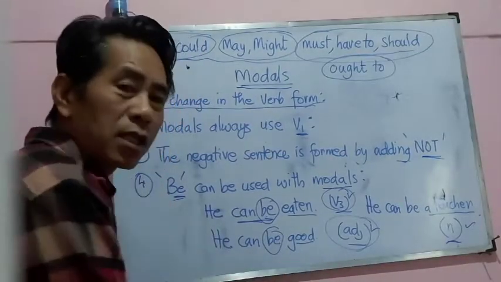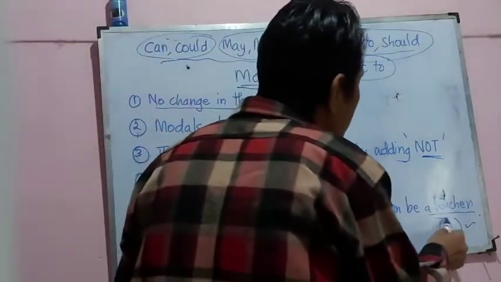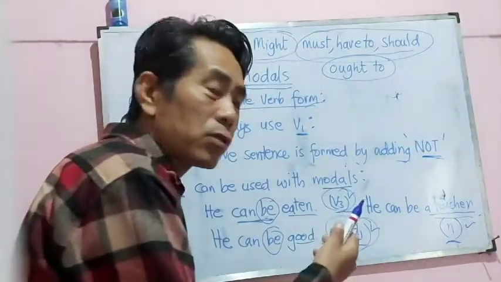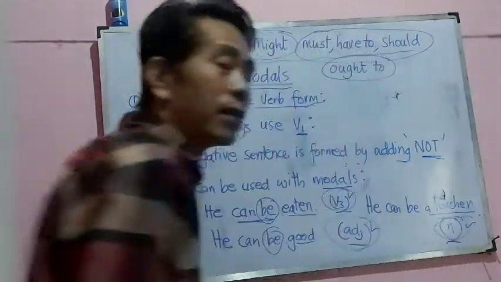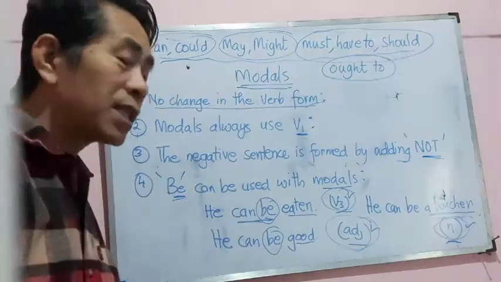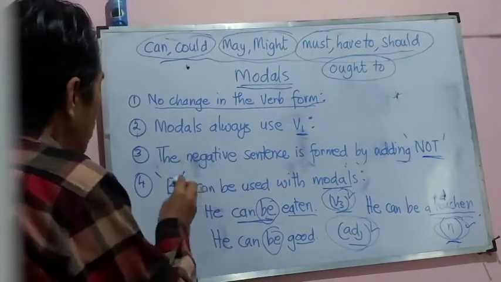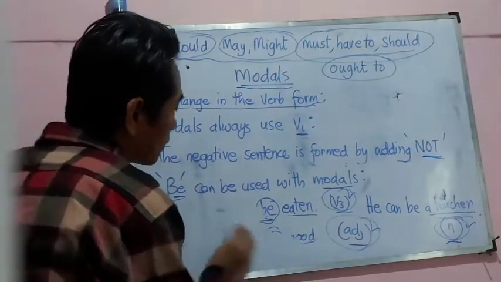You see adjective. He can be a teacher, he can be a father, he can be an actor. So you see the noun. These are the things that you have to keep in mind when it comes to the models.